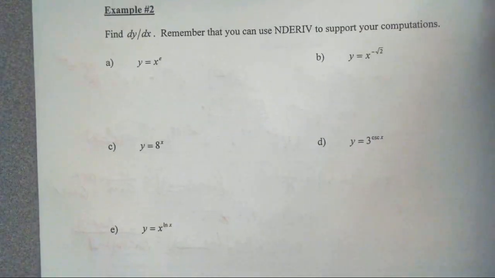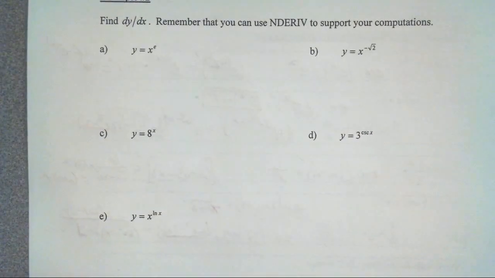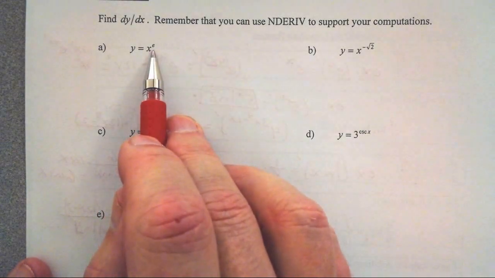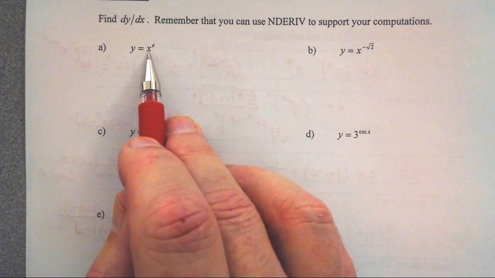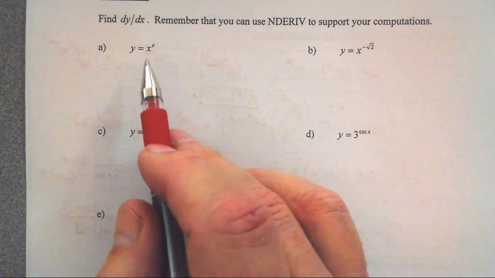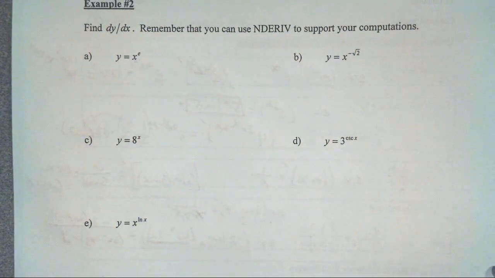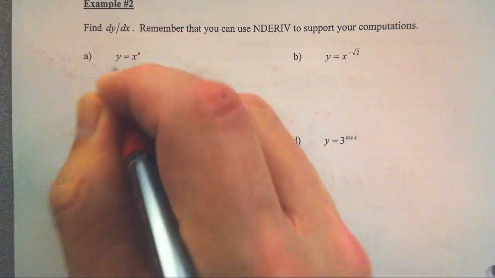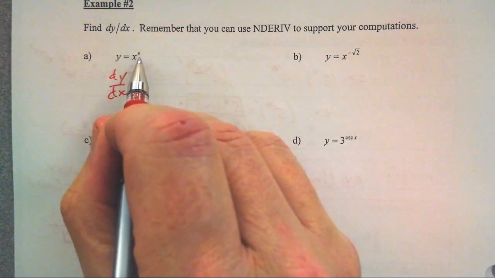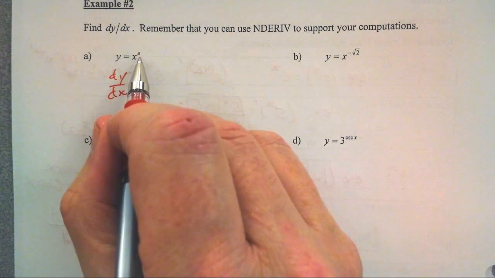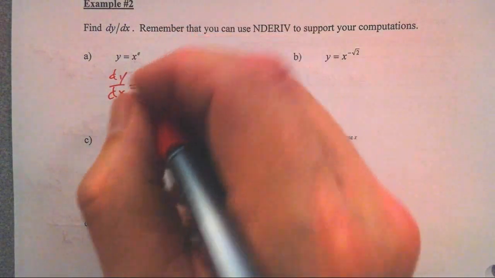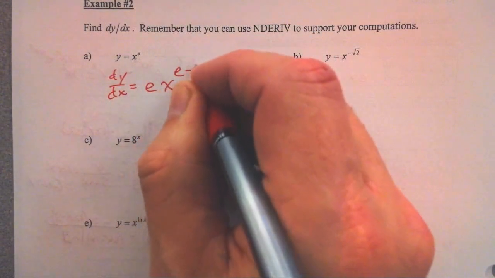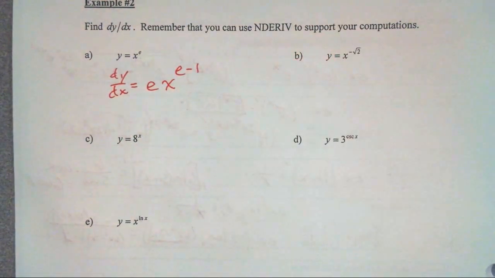Let's move on. Here we have x to the e. Well, do we treat that one special? No, we're used to dealing with things like x to the 5th, or x to the 9th, or x to the 20th, or x to the 1/2. dy dx, e is just a number. So this is going to be e x to the e minus 1.